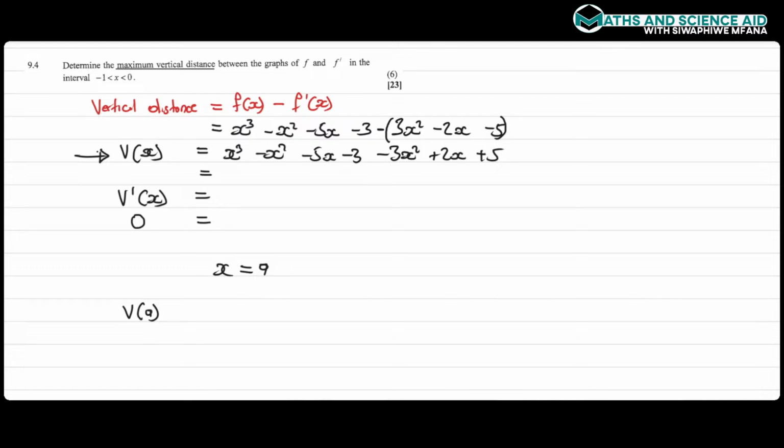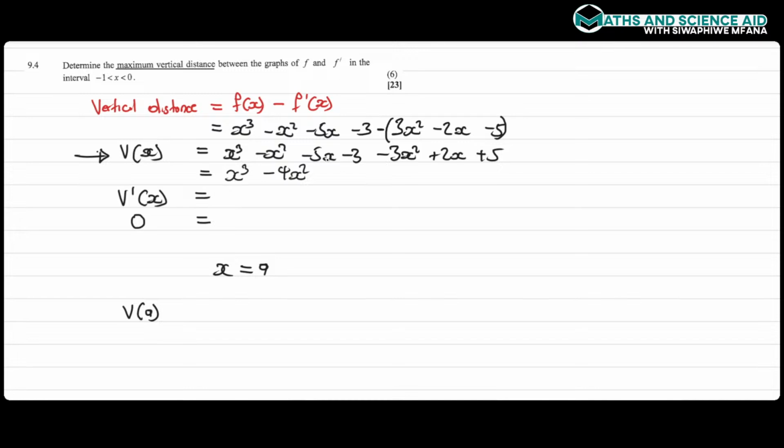So we were doing this question, so we're pretty much done with it because all that was left was to firstly obtain all the like terms here and add them together. So we have x to the power of 3, and then we've got negative x squared minus 3x squared, so that would be minus 4x squared.